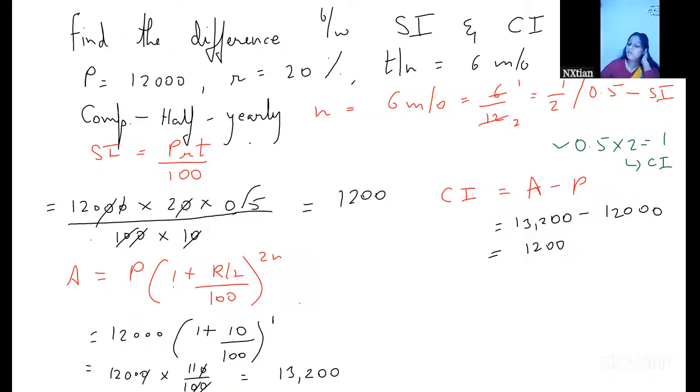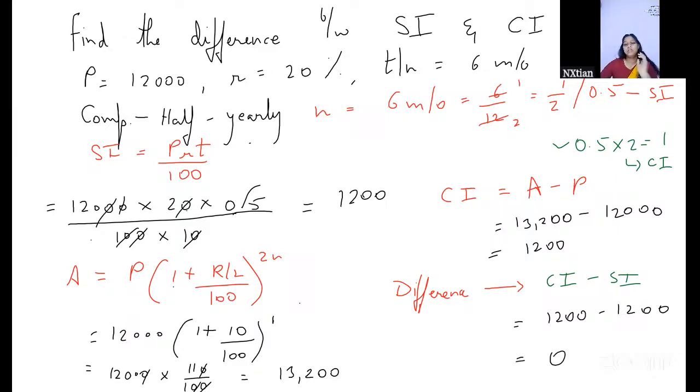1200. Okay, now find the difference. Ma'am, 0. Yes, very good. The difference will be CI minus SI. So we have 1200 minus 1200, which is 0.